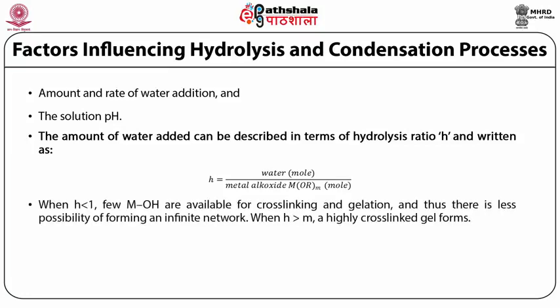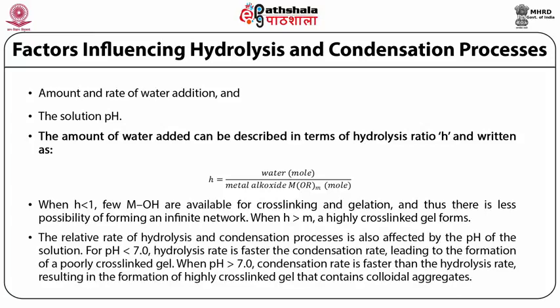When H is less than 1, few MOH are available for cross-linking and gelation, and thus there is less possibility of forming an infinite network. When more water is present, that is, H is greater than 1, a highly cross-linked gel forms. For a fixed amount of water, the process can be controlled by controlling the rate of water addition.